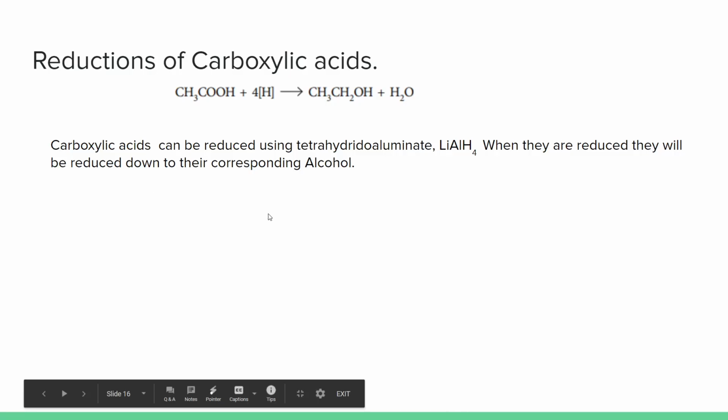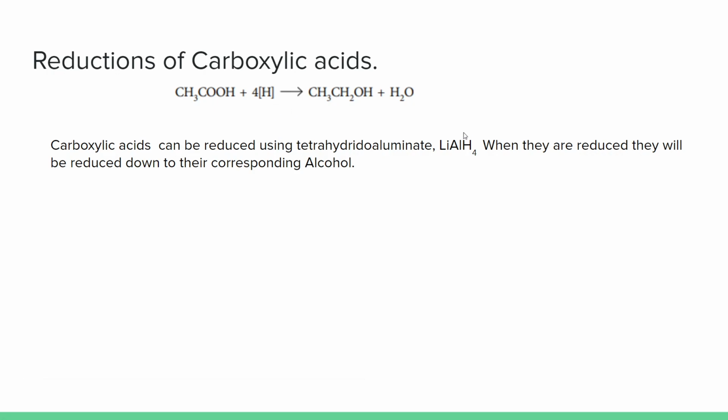Next, we're going to briefly talk about the reduction of carboxylic acids. Carboxylic acids can be reduced using this molecule right here. This is tetrahydroaluminate, and Li, so we have lithium, aluminum, and notice that we have these 4 hydrogens right here.